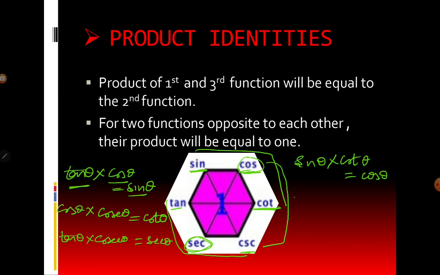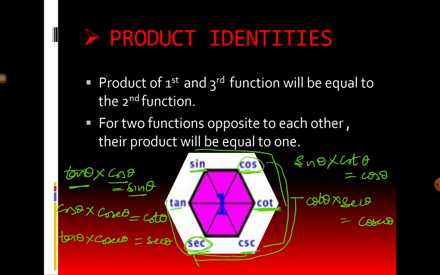If I am taking these three, secant, cotangent, here I have cot theta as my first function, and my third function is secant theta. I'll get the middle term, that is cosecant theta. So this way you can get different product identities.